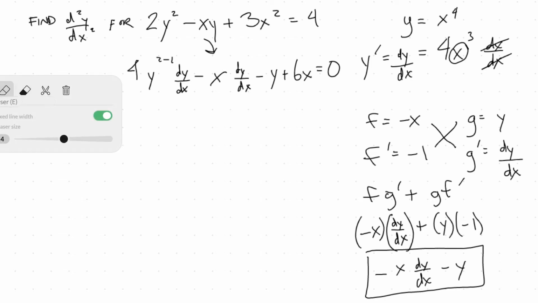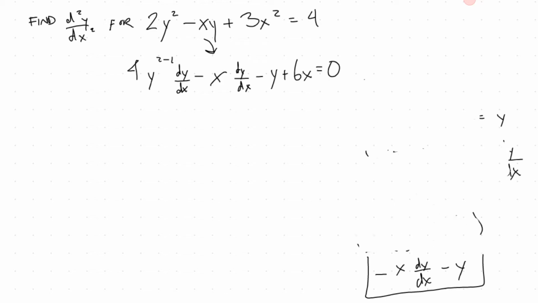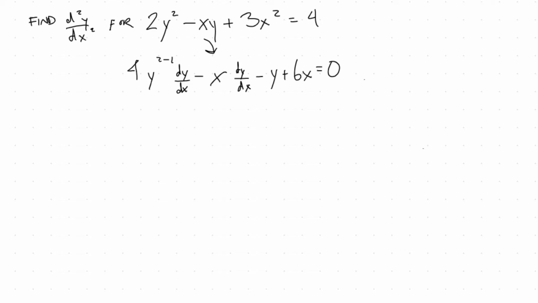All right, I'm going to get rid of all this work on the side. Hopefully you've got all of this copied down already. So let's make ourselves a little bit of room over here on this side. What we're going to need to do next is solve for dy/dx.